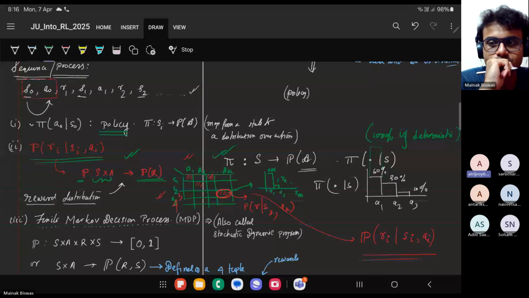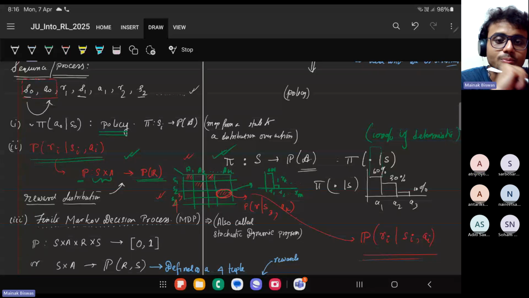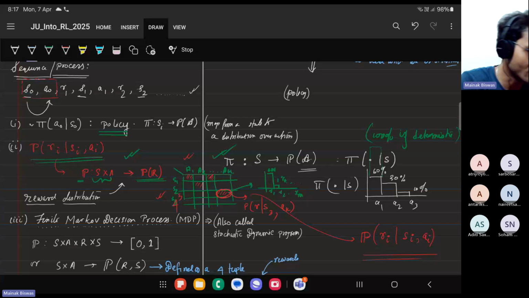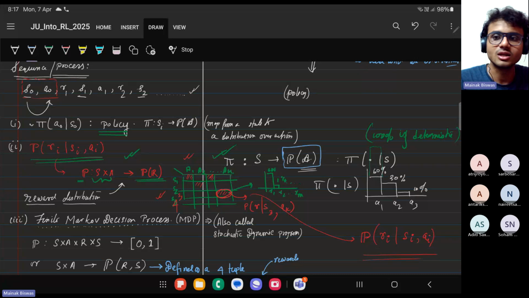Sir, what is the range of policy? It maps from every state to the probability distribution over actions. It's a map, not a function. So from every state, it will give you a probability distribution of taking an action.